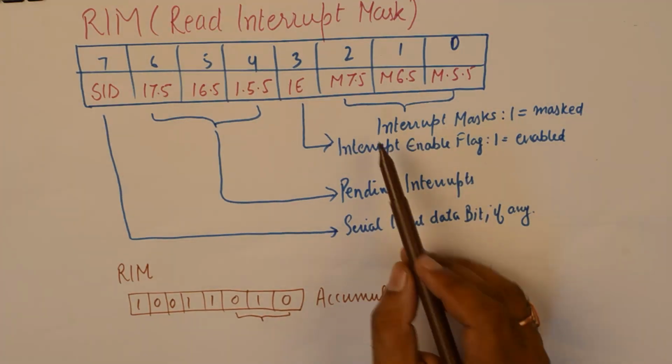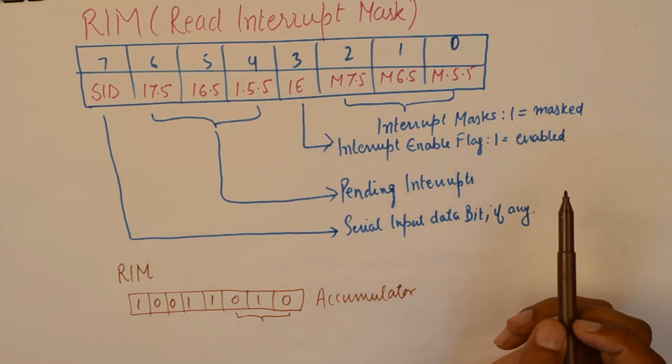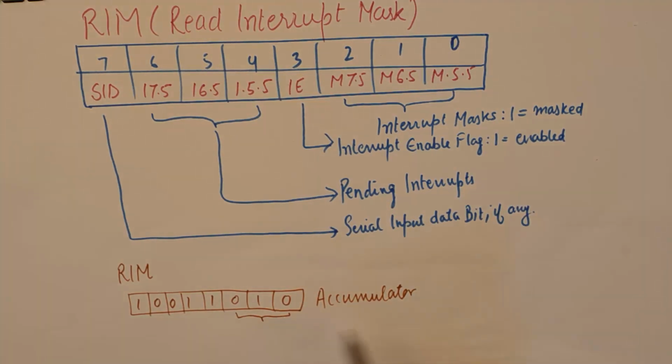The first 3 bits tell you what all interrupts are masked. So if you look at this data in the accumulator, the second bit is 1, which shows that the RST 6.5 interrupt was masked. The other 2 interrupts were on or enabled.